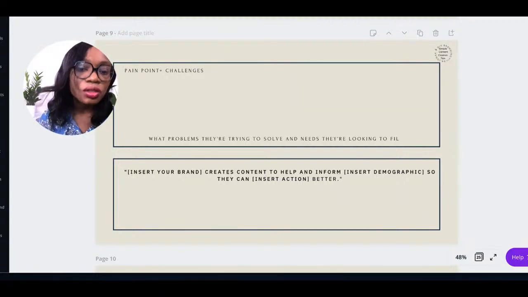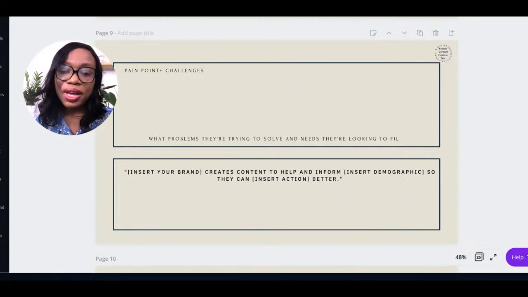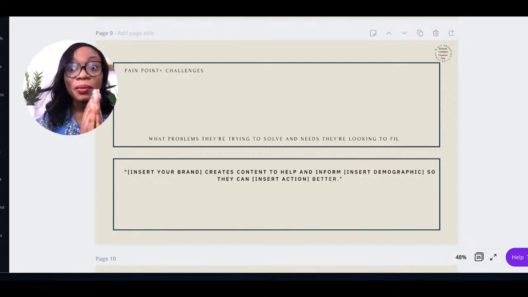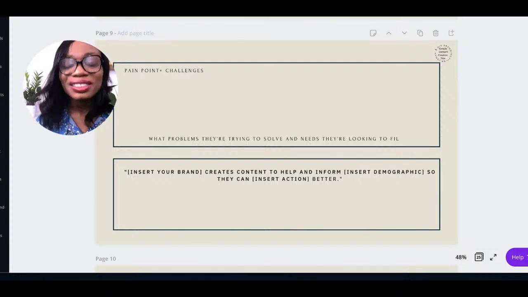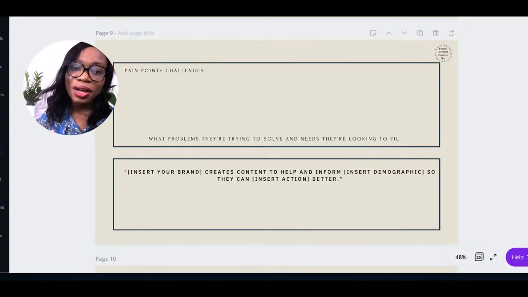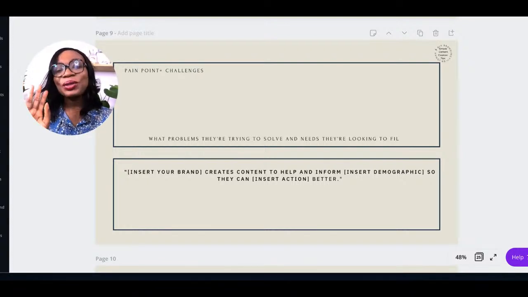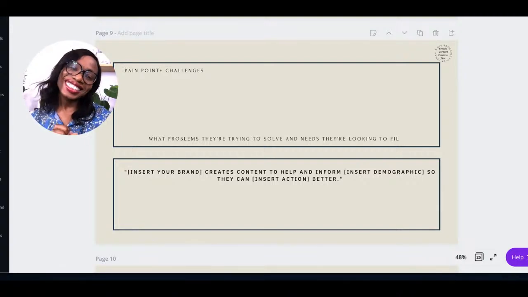I said, insert your brand, create content to help and inform a certain demographic so they can insert action better. I want everybody to write theirs, please. Everyone should write what this means to them. I'm going to leave it on the screen for a while. I would like everybody to take a screenshot. But before you take a screenshot, let me pause. Take a screenshot in 3, 2, 1.